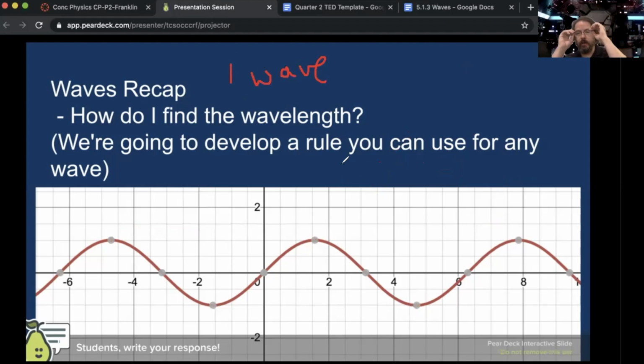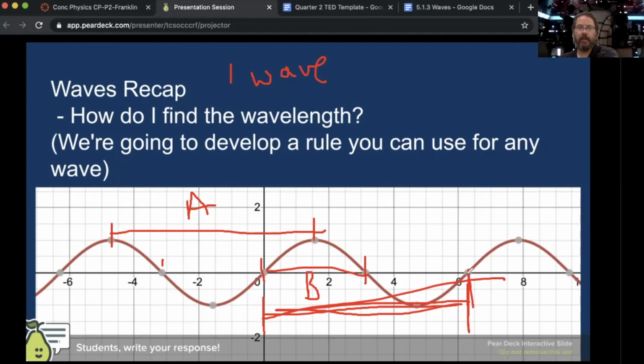So in the chat, where would one wave start? So just tell me which one of these shows one wave. So does A, from here all the way up to here, is that one wave? Or is this one wave?